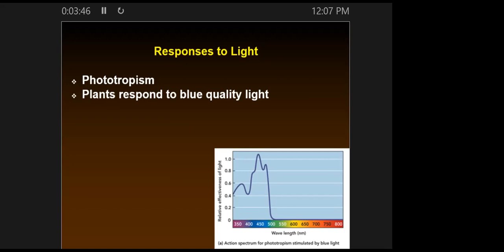Do you remember? You've had that at some point, perhaps? Anyone who's had plant physiology already? Maybe? No? Okay. Red and blue.